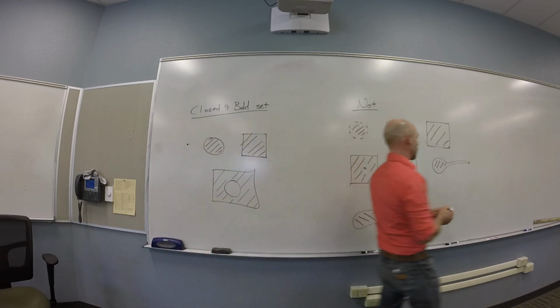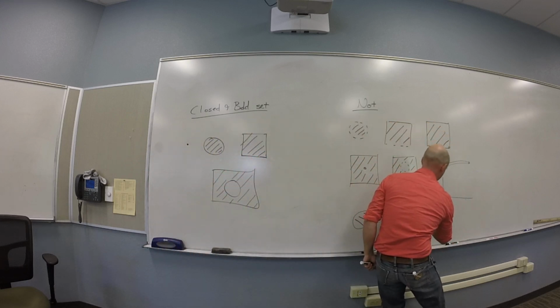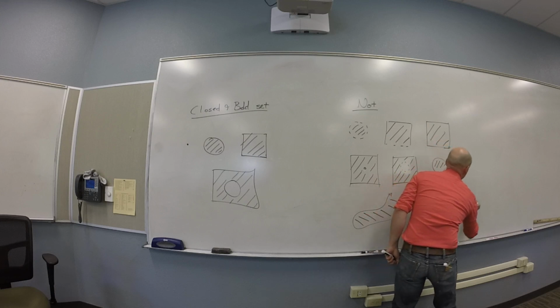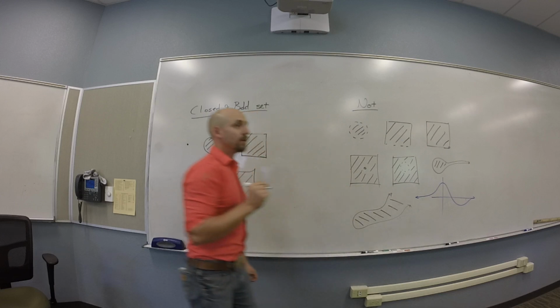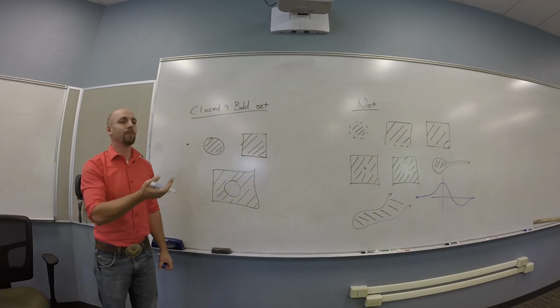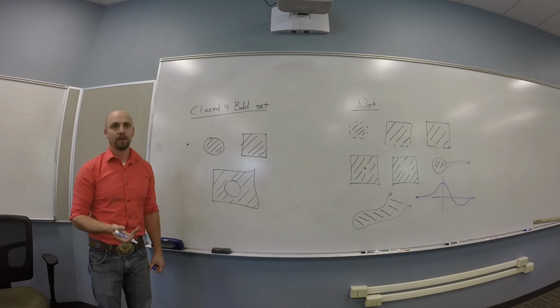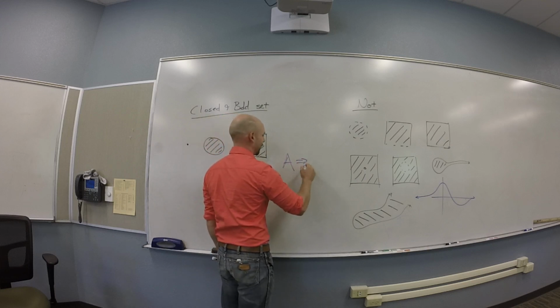So, for example, Calc 1 style, here's a function that has a max and a min value, and it's continuous on an unbounded set. You guys see that?